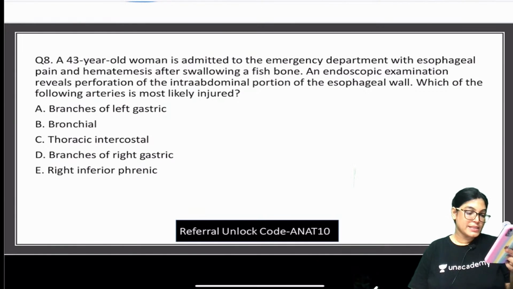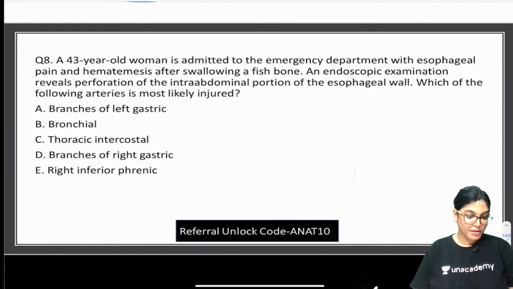Mednair is telling A. What about others? Sangama is telling D. Chattopadhyay is telling D. Lakshmi, A.